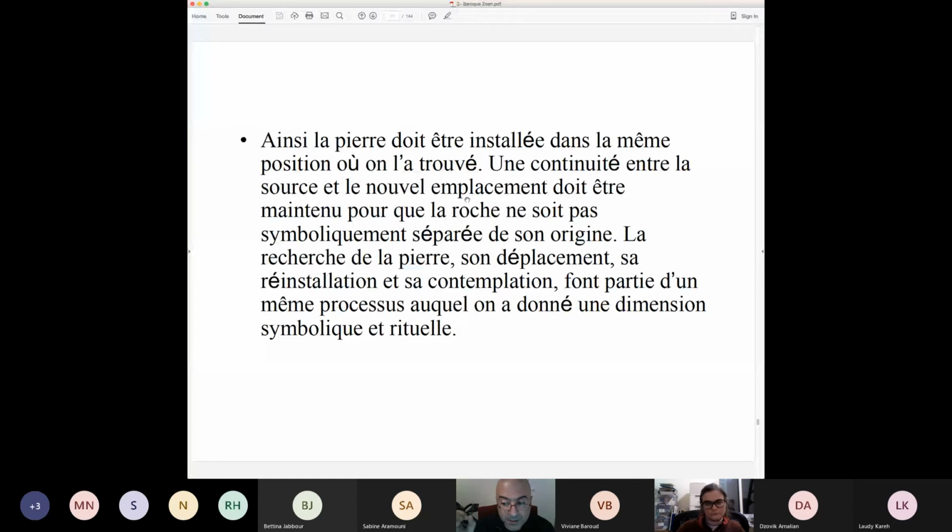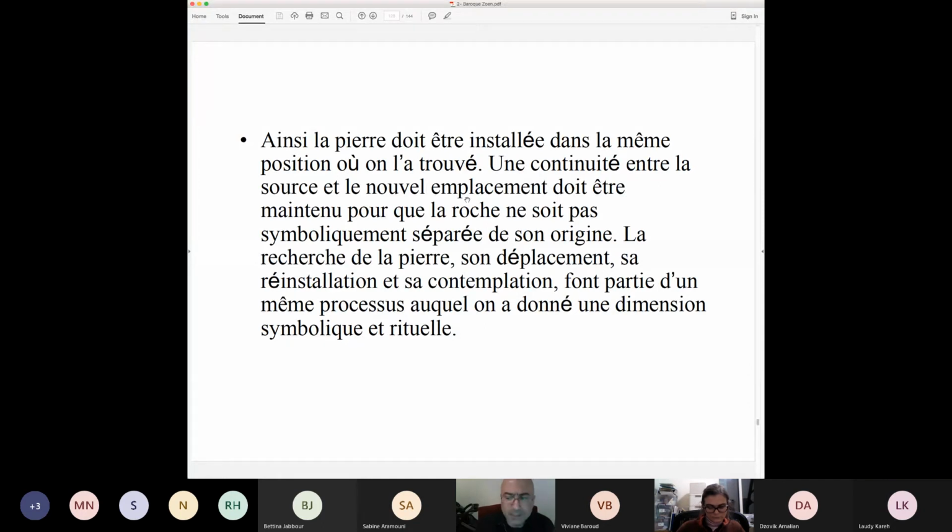And this process is both symbolic and ritual. There is a ritual for looking for rocks. It's the same ritual continuity. What this ritual continuity does is refuse the separation between the rock and its natural origins. It maintains symbolically the link of the rock to its symbolic origins.